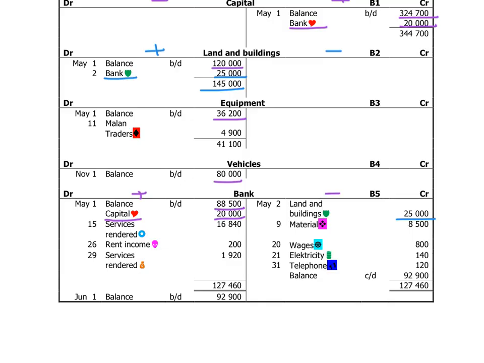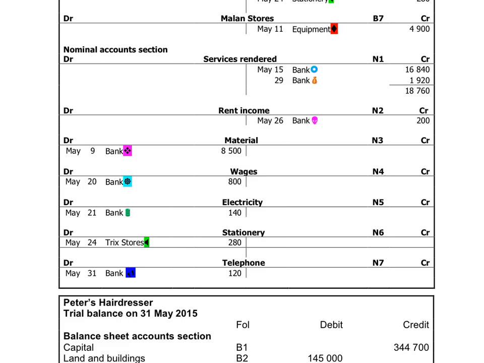Money was taken out of the bank, so the bank decreases on the credit side with 8,500, and the material account will be debited. Material is an expense. Expenses increase on the debit side, decrease on the credit side, so the material expense increases on the debit side, and the bank was credited.